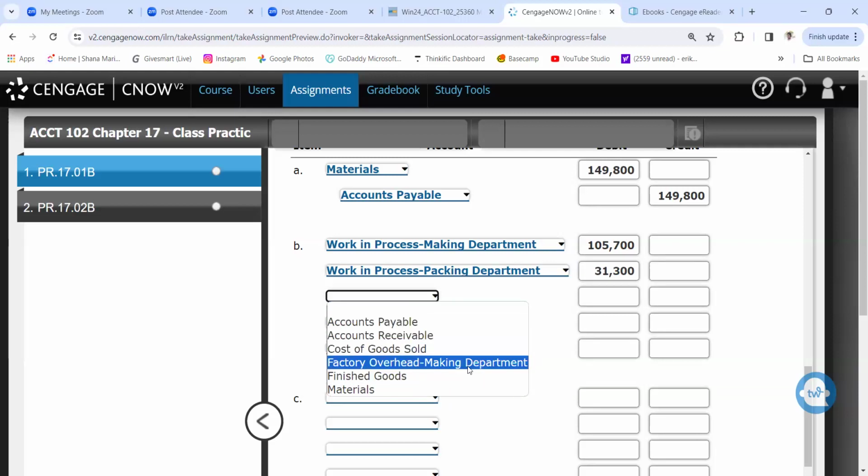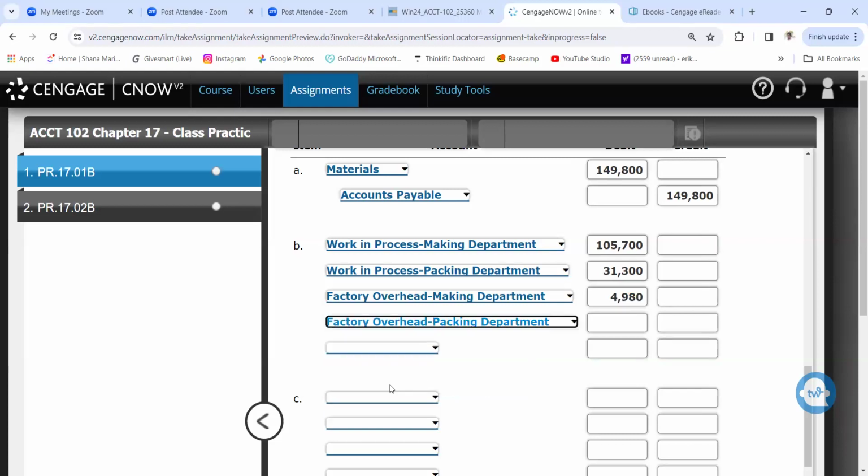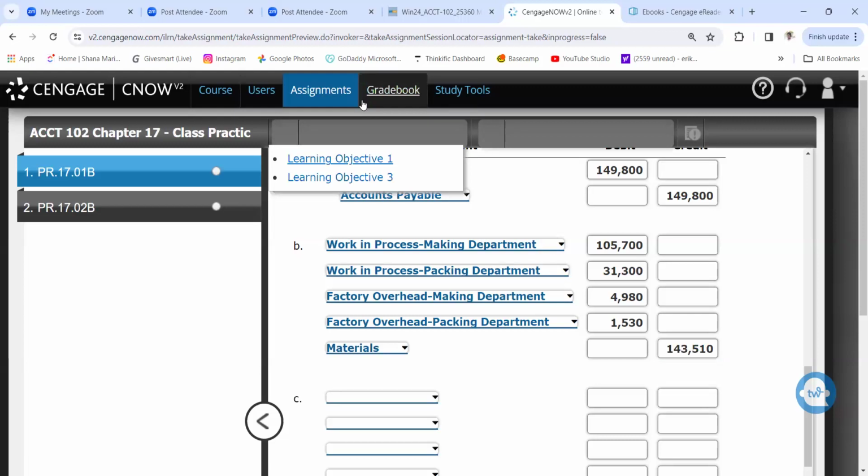When it goes into the making and it's indirect, it goes by way of factory overhead. Remember, indirect is always factory overhead. And then for the packing, we have 1,530. And then our total materials that were requisitioned out, when we add all of these numbers, 105,700, 31,300, 4,980, 1,530, we get a total of 143,510. And that's the second journal entry. Okay. You guys doing okay?